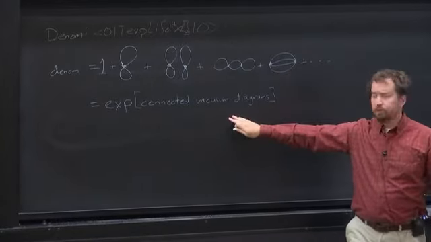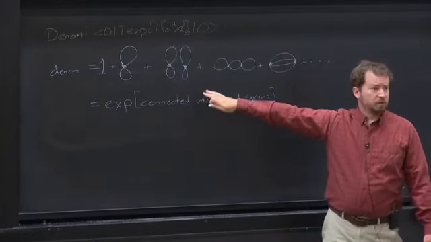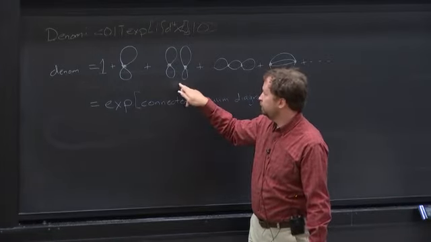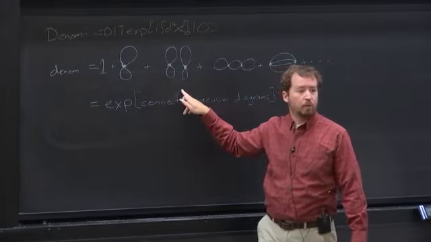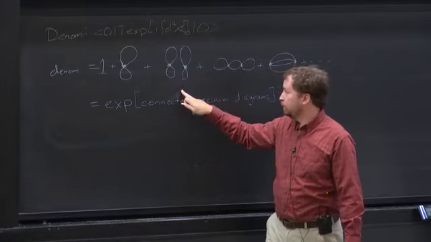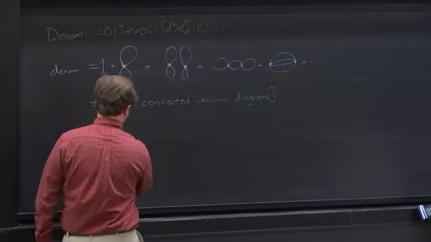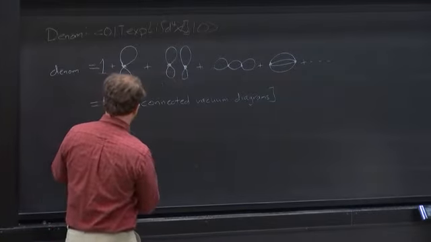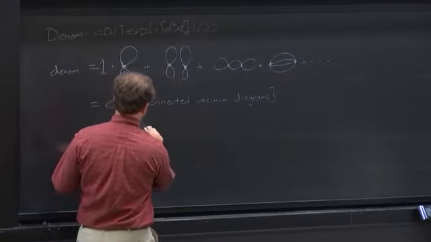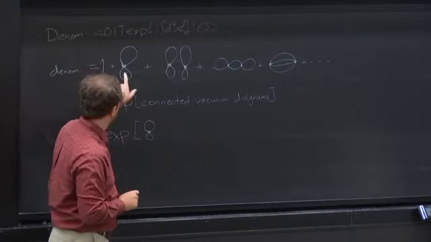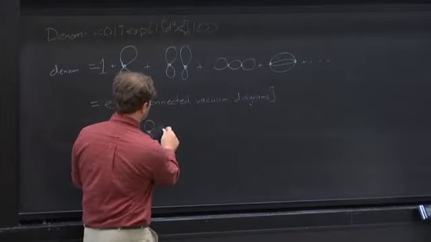I'm not going to prove that, but let's do a consistency check to make sure it makes sense that we do, in fact, cover this diagram with the correct coefficient if we expand this exponential out. Explicitly, this is the exponential of connected diagrams. The only connected diagram with one vertex is this one.